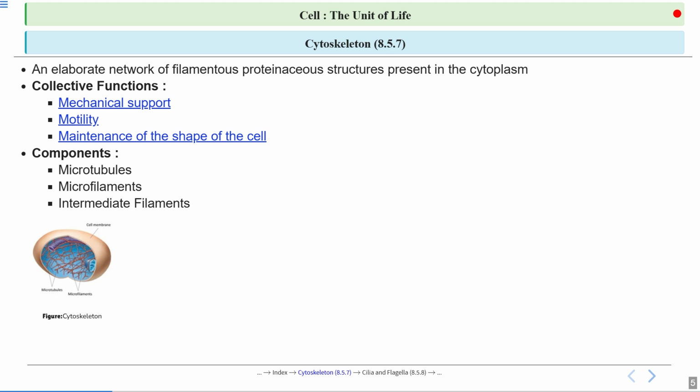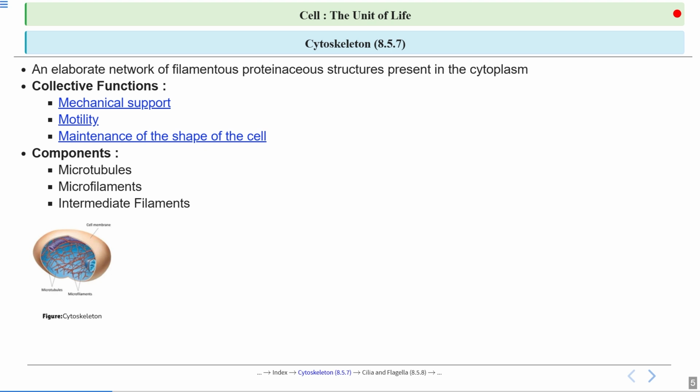You can see this is a kind of network of filamentous proteins within the cell that provides structural support to the cell, meaning it helps in the maintenance of the shape of the cell.